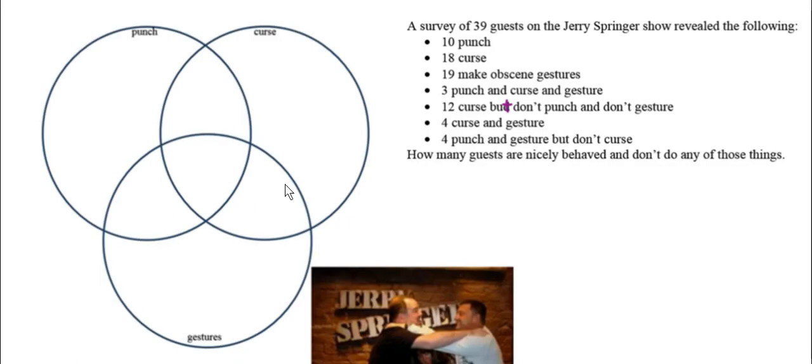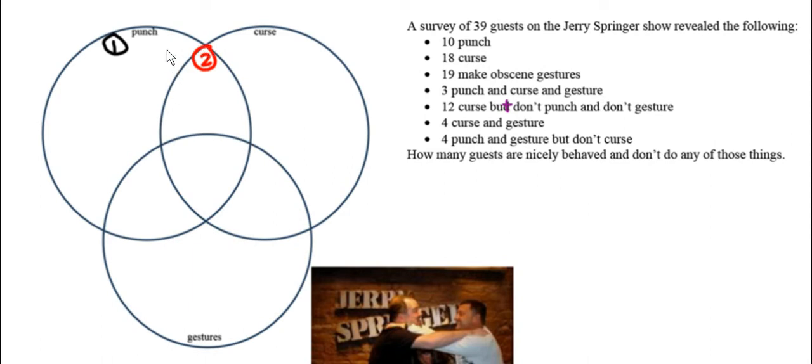Now with a three-circle Venn diagram, you have a lot more sections. So the sections are as follows. You have section 1, which is people that punch only. So it's not the entire punch circle. It's just this section, not including these. These are people that punch only. Section 2 is just this section here.